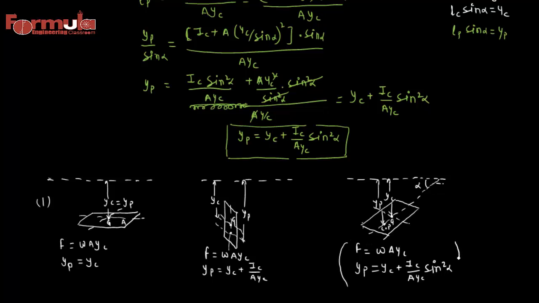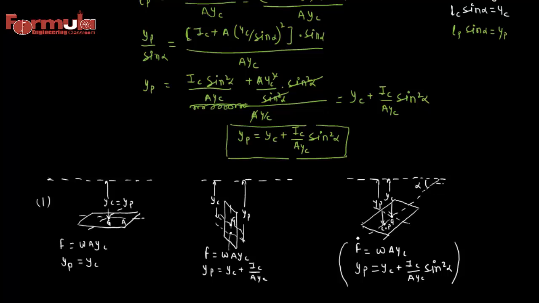You can solve all three cases by using these two formulas, because if I'm saying the force is same here, so if we are saying the center of gravity of all three bodies, let's suppose this is the same body, and let the center of gravity distance of this body from the free surface be same, means I'm saying in all three cases the yc is same. So for all three cases the force exerted by the fluid will also be same.